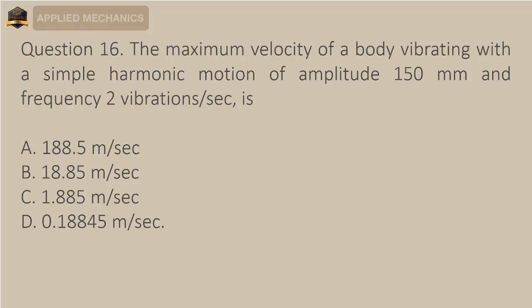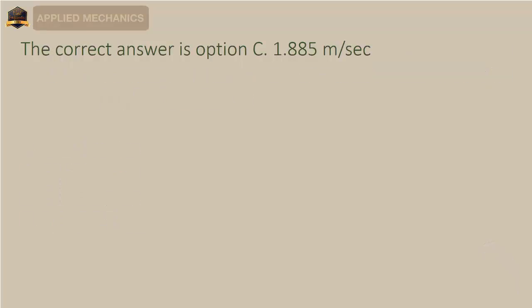The maximum velocity of a body vibrating with a simple harmonic motion of amplitude 150 mm and frequency 2 vibrations per second, is A. 188.5 meters per second. B. 18.85 meters per second. C. 1.885 meters per second. D. 0.18845 meters per second. The correct answer is option C, 1.885 meters per second.